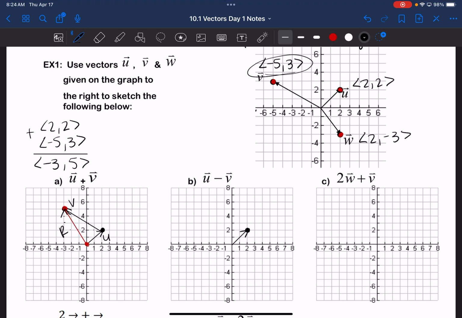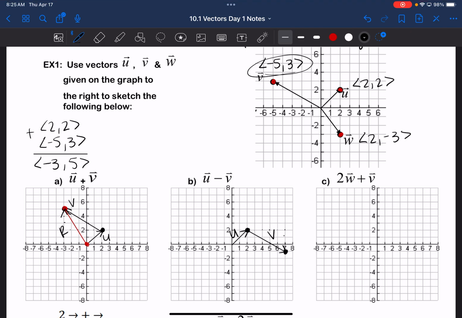So instead of going left 5 units, I would go right 5 units. And instead of going up 3 units, I would go down 3 units, which would put me over here. So this was u, this was v.